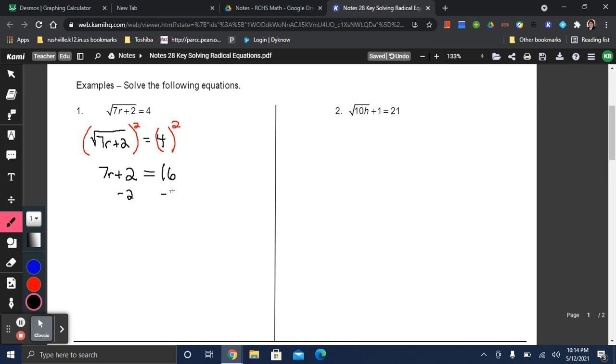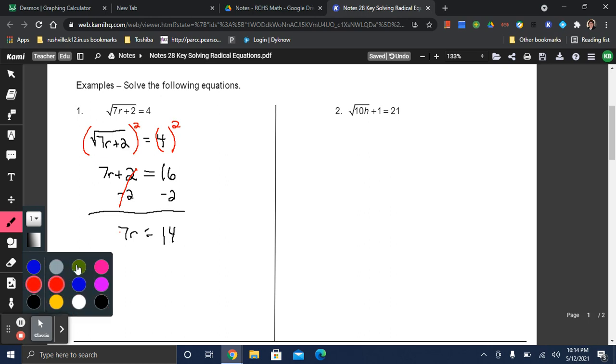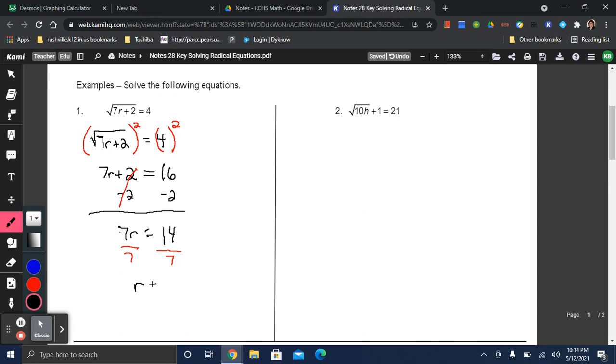We will subtract 2 from each side of the equal sign, and that will give us 7r equals 16 minus 2, which is 14, and then divide both sides of the equation by 7. Again, we're solving an equation here, so r equals 2.